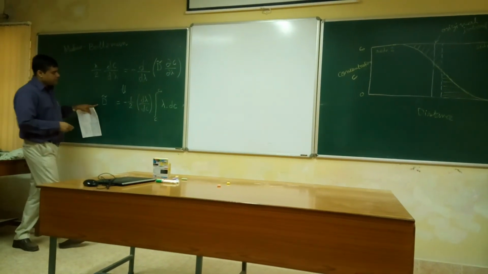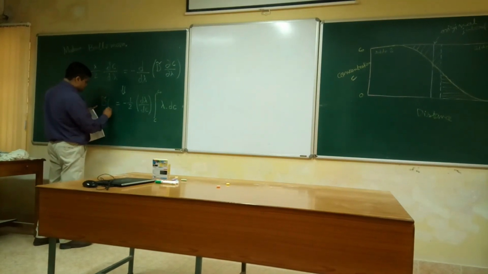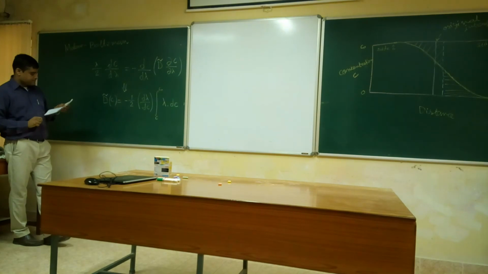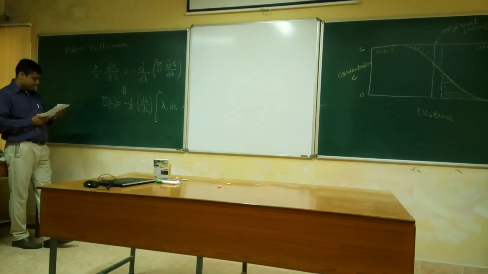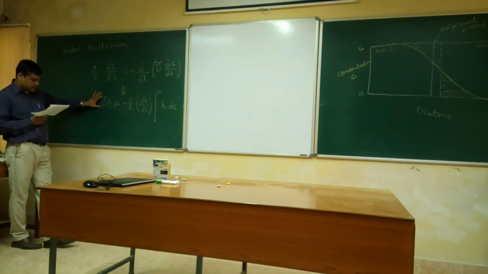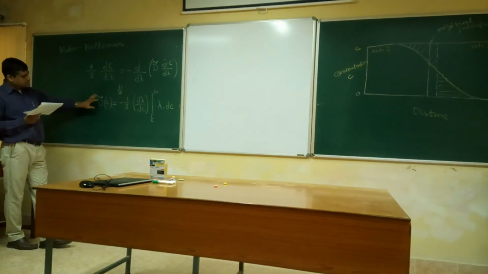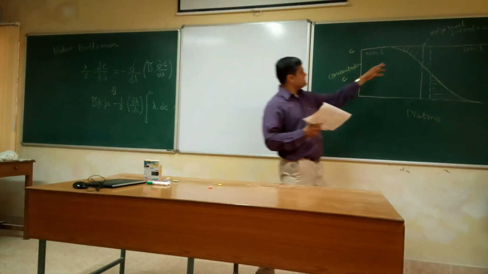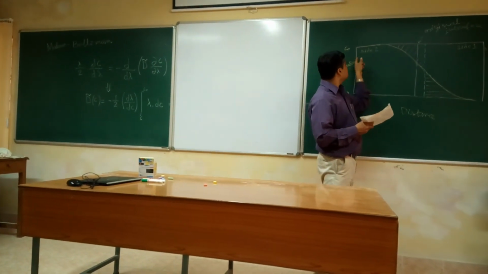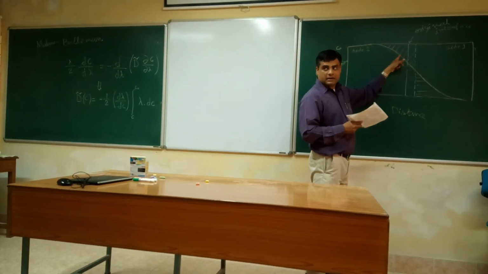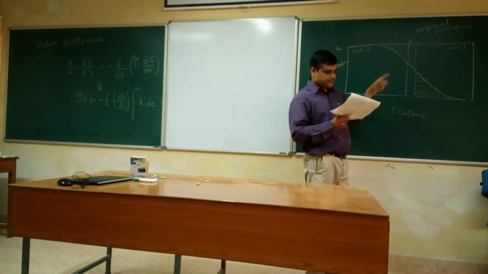D is a function of a particular composition. So the chemical diffusion coefficient at the concentration C means at a particular distance at the concentration C. So for this C value there will be a chemical diffusion coefficient value.